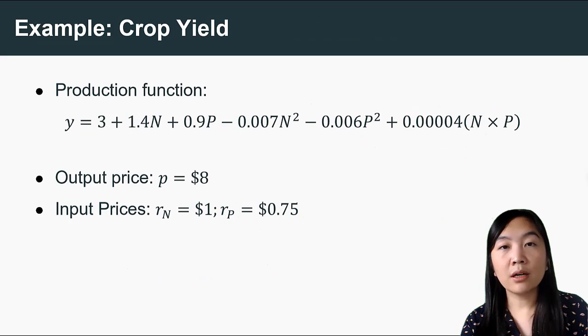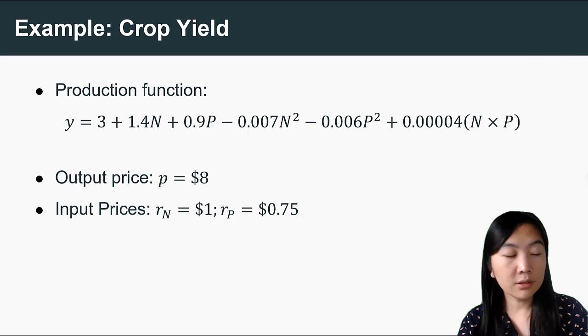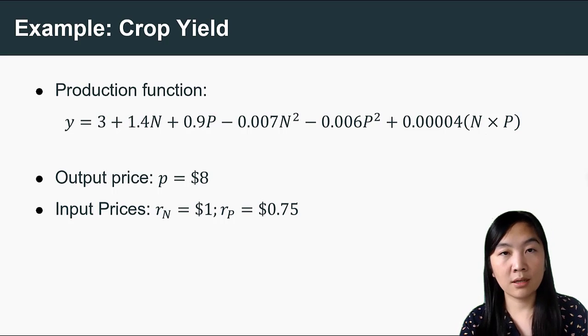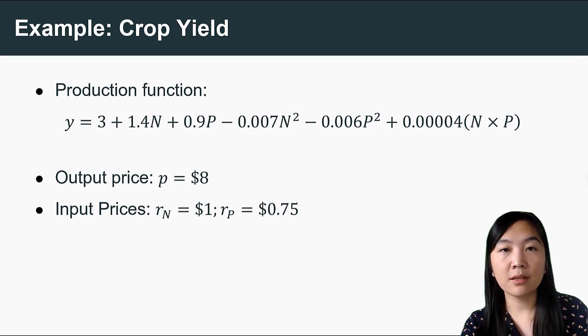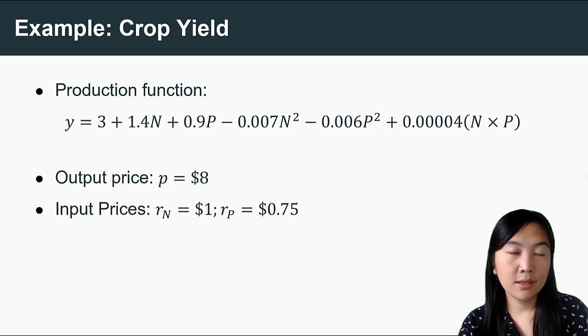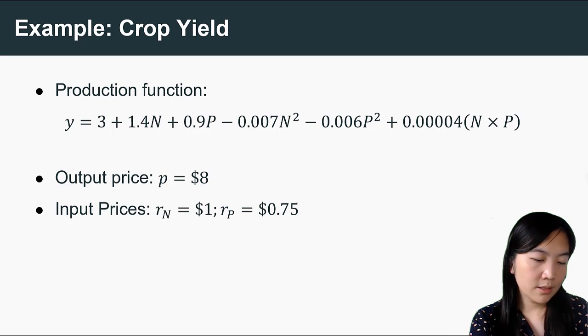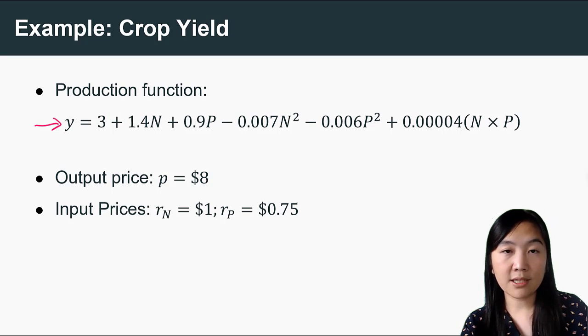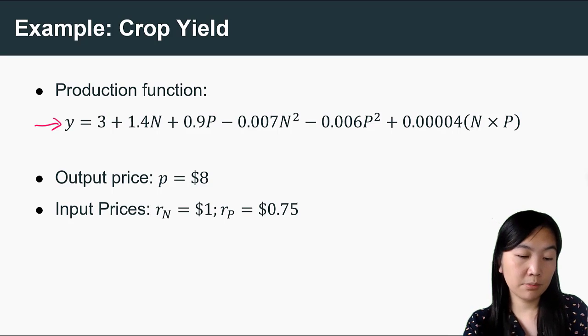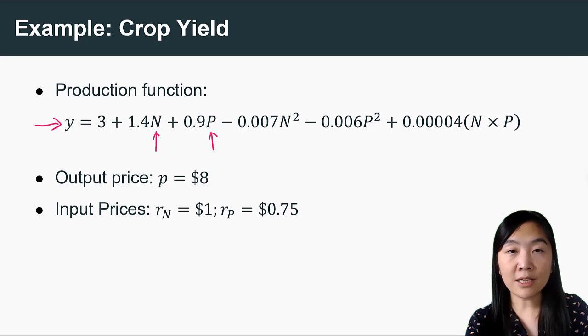Let's do an example to explain what we have just shown, how to maximize profit. Again, I will use the same crop yield example that we have been using for the two input case. This is the production function, a quadratic production function. We have two inputs: one is nitrogen, the other is potash.